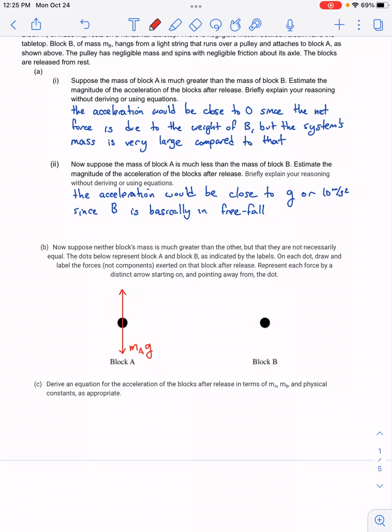Then there's a force upwards, which we'll call the normal force. And then there's a force to the right, which is the tension on block A. For block B, there's a force downwards, which is its mass times g, and a force upwards, which is the tension from the string.